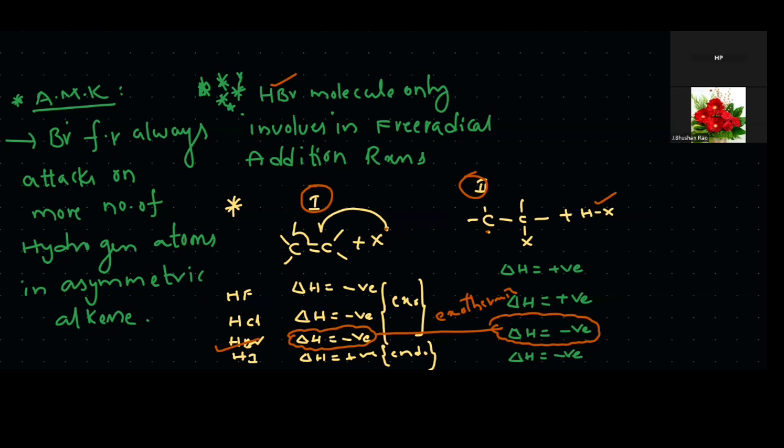Based on this condition, I will explain one more example. When CH3CH=CH2 reacts with HCl in the presence of R2O2, H nu, that is peroxide in the presence of light, what is the final product?